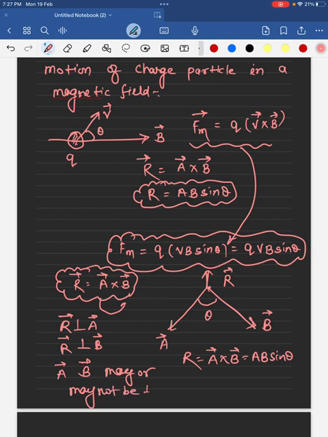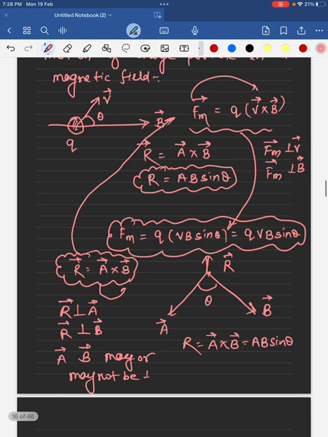So here you can see the magnetic force is perpendicular to the v vector. Yes, this applies to the equation of the vector product, or we can say cross product. The magnetic force is perpendicular to the v vector, and yes, the magnetic force is perpendicular to the B vector. You already studied that if two vectors are perpendicular to each other, then their dot product is 0.